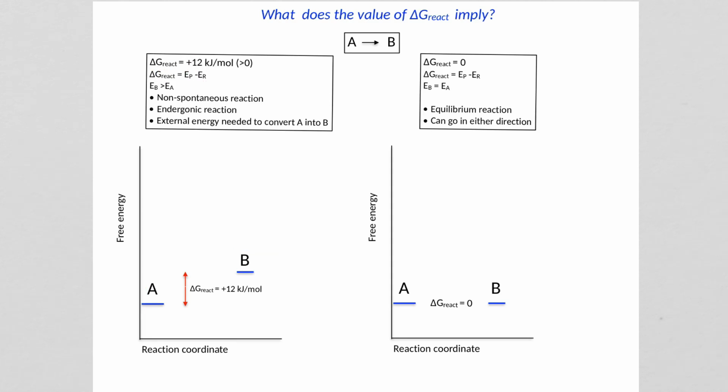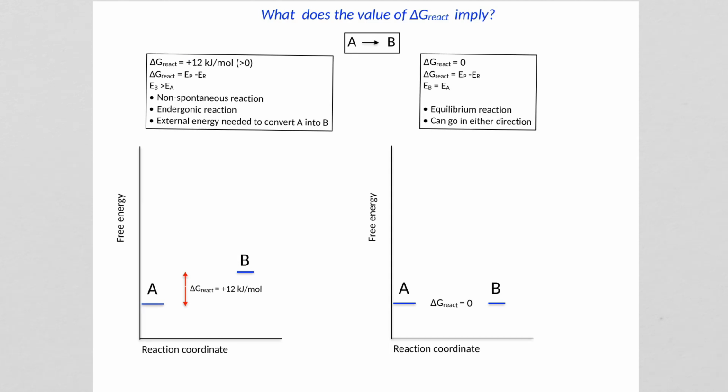So those reactions where the delta G is positive, these are called non-spontaneous reactions or endergonic reactions. And in this case, in order to convert A into B, we require to put in some energy into the reaction. Without putting in external energy, A will not become B.